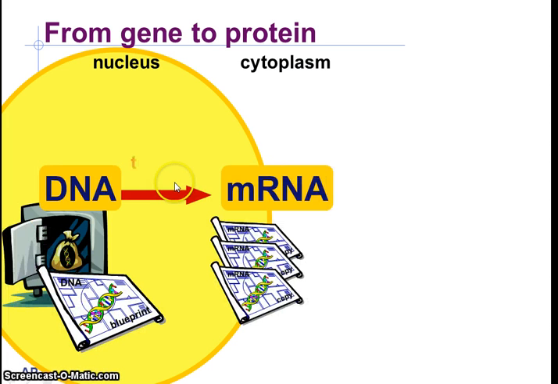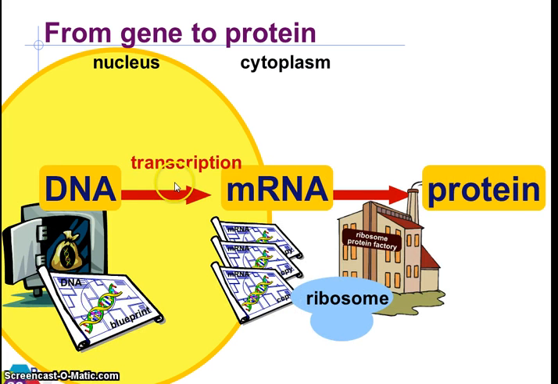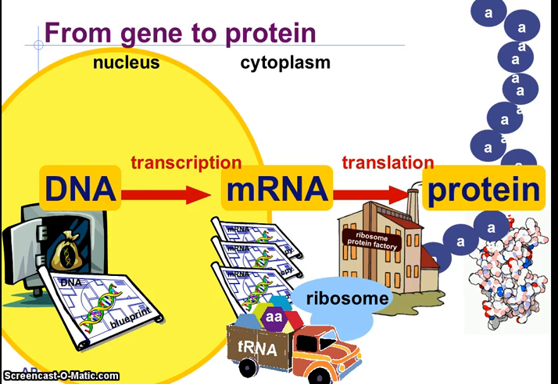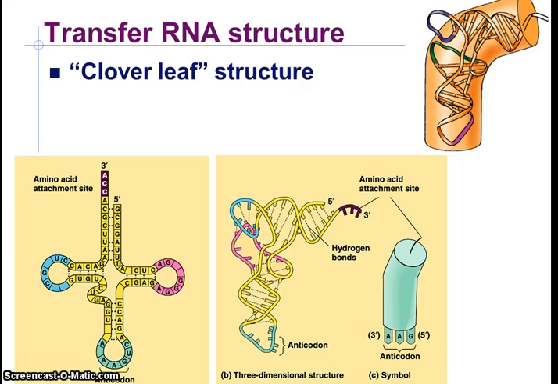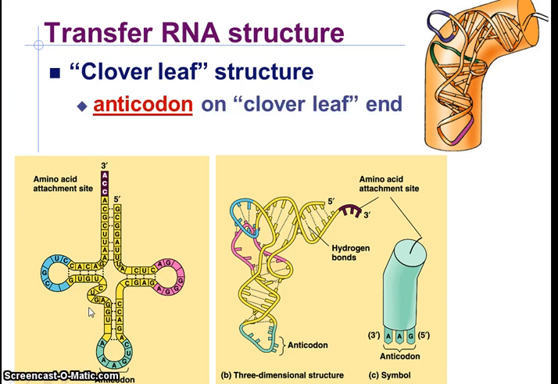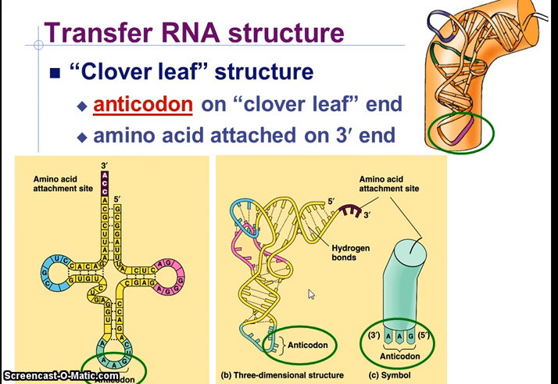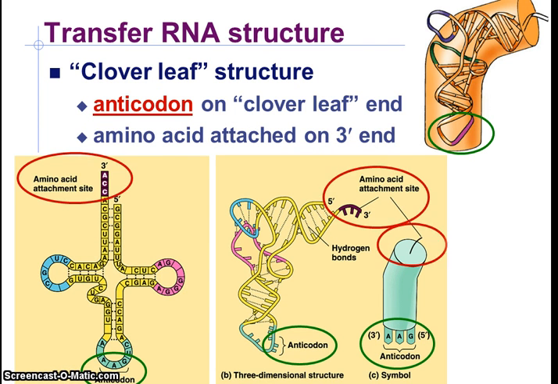Going through this whole piece again, that tRNA is bringing the amino acids over. The tRNA has a cloverleaf structure, with the anticodon on one end and an amino acid on the other end.